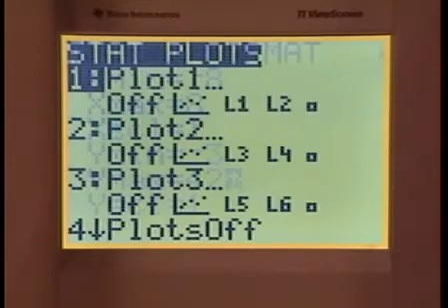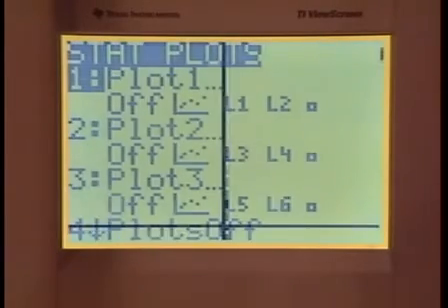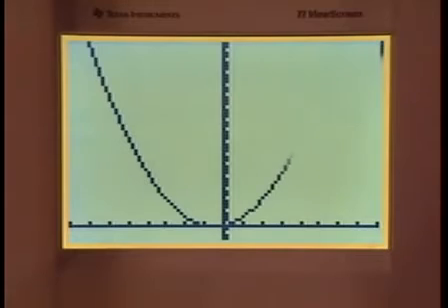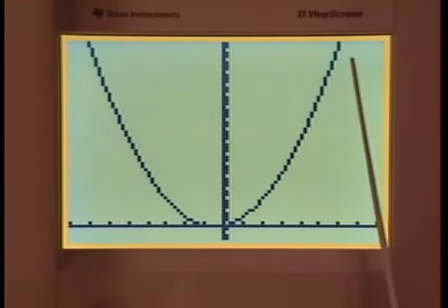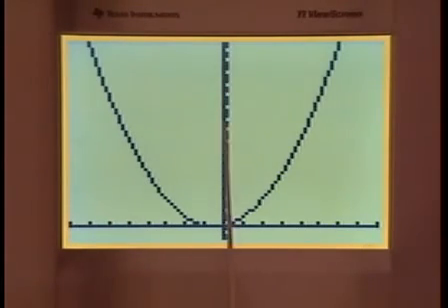Let's make sure our stat plots are off. They are, and now we can graph the function. Again, we have a parabola. The difference is that it looks like this might not be the axis of symmetry. It's a little shifted to the left, but some vertical line, nevertheless, would be the mirror or the axis of symmetry with respect to the two branches.